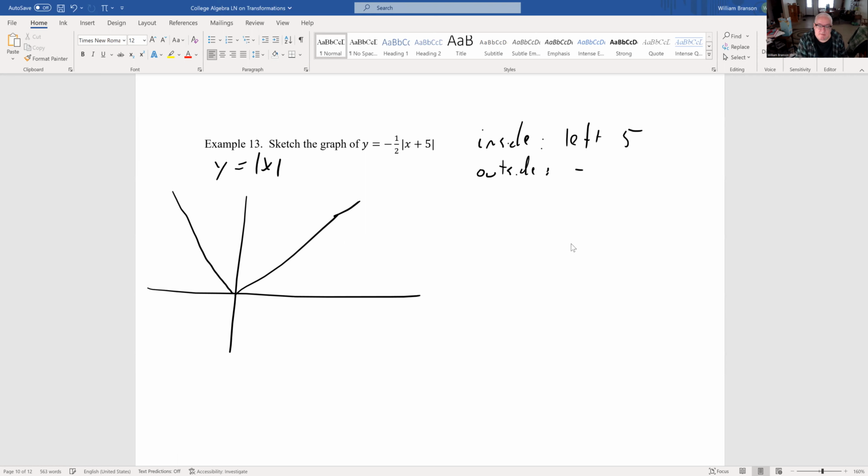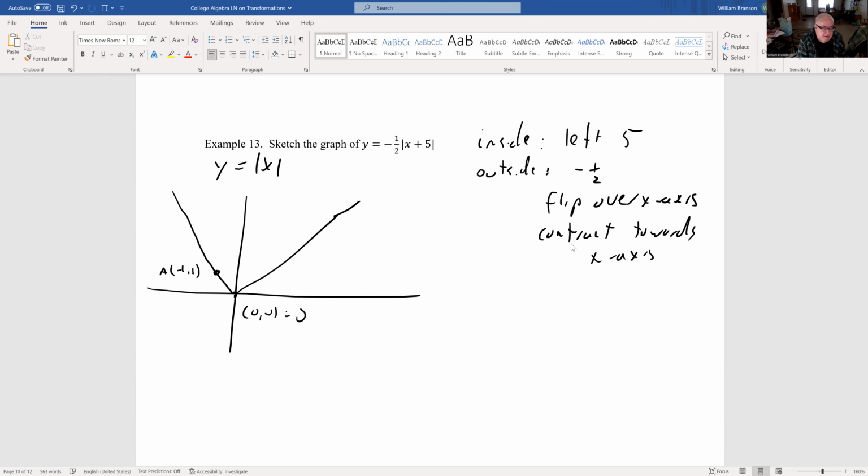Outside, times -1/2, that means flip over x-axis, that's the minus part, and contract towards the x-axis. And so again, we look at our 3 points. A, which is -1, 1. B, which is 0, 0. And C, which is 1, 1.